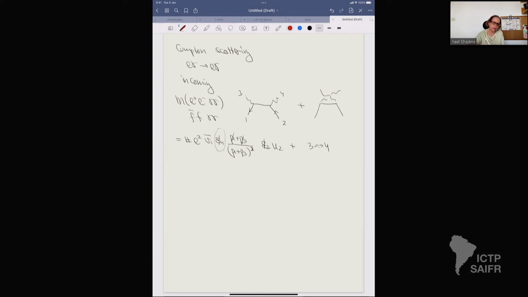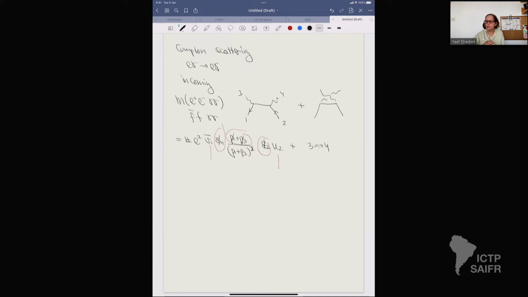These two fermions have opposite helicities, or in other words, the helicity or chirality is preserved along the fermion line.